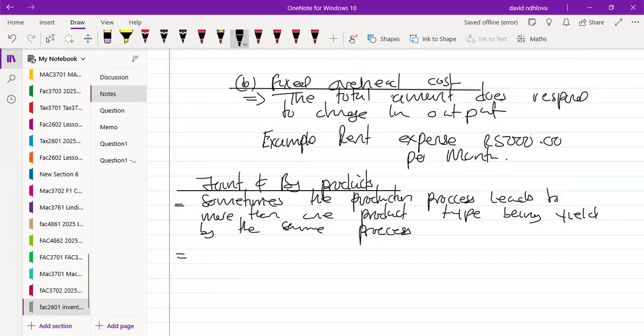You do your production, you go into one process, but at some point in production, you split whatever manufacturing you are doing into a number of products. So you derive a number of products from the same process. So we separate between joint and byproducts.